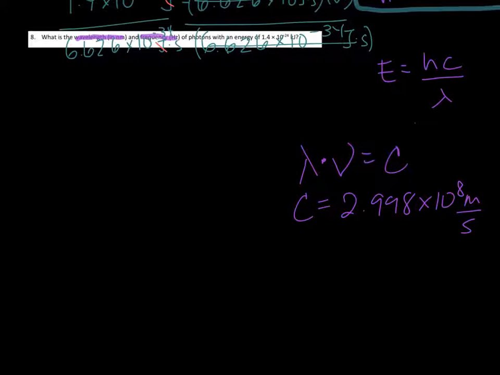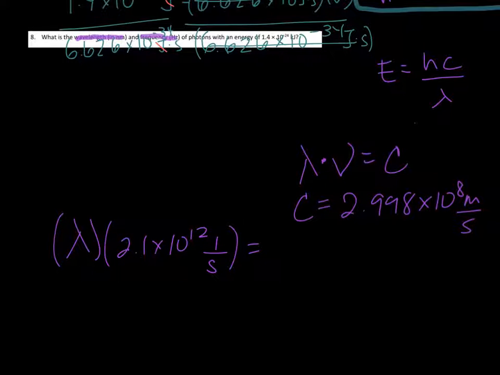And so I'm going to use my frequency right here and plug it in right here, and then use c right here. So I'm looking for wavelength, and frequency is 2.1 times 10 to the 12th inverse seconds, and then the speed of light is 2.998 times 10 to the 8th meters per second.